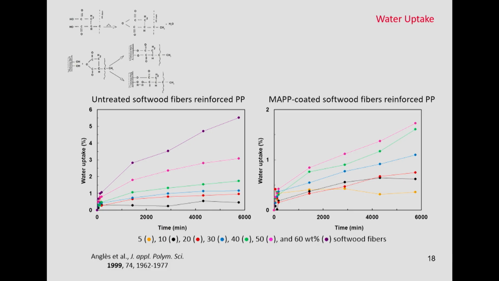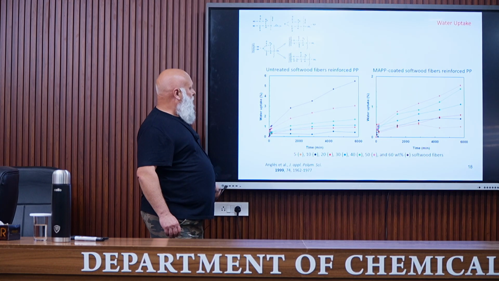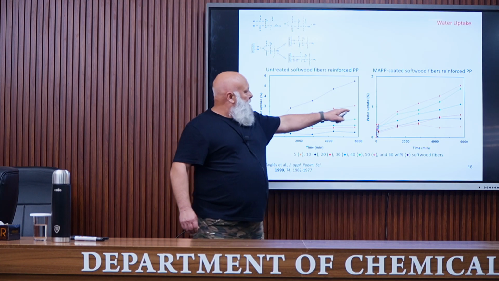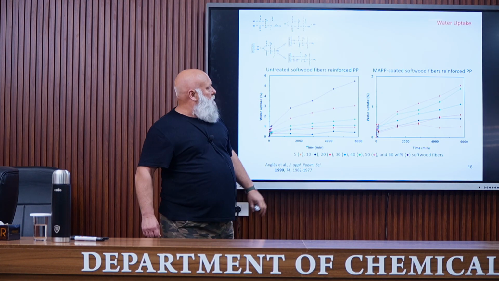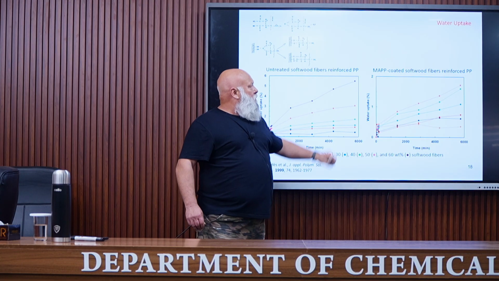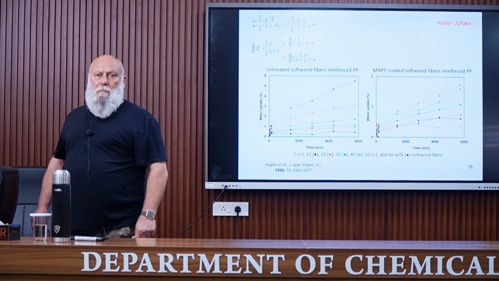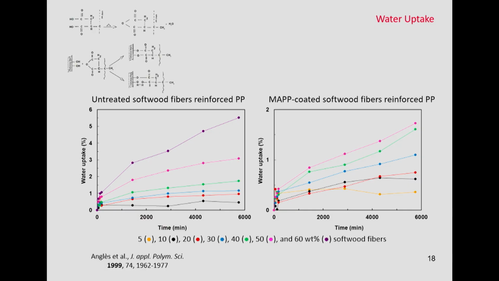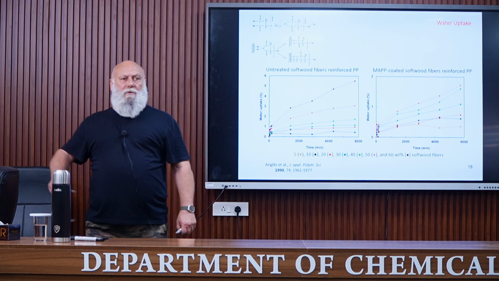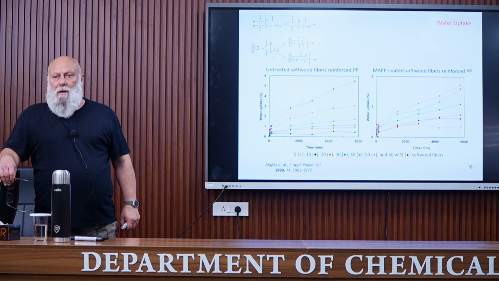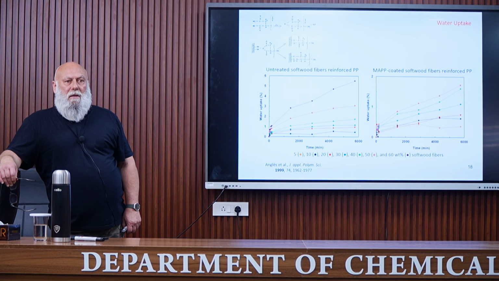These wood fibers are hydrophilic, and of course, the water uptake increases. On the right side, you have the same curve, but for softwood fibers that have been coated with the copolymer of maleic anhydride polypropylene. Again, when increasing the fiber content, the water uptake increases.